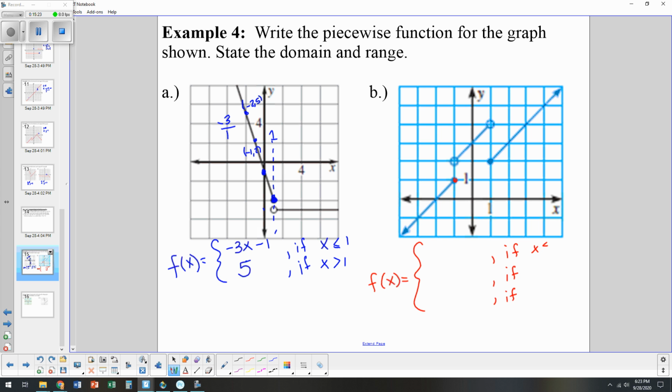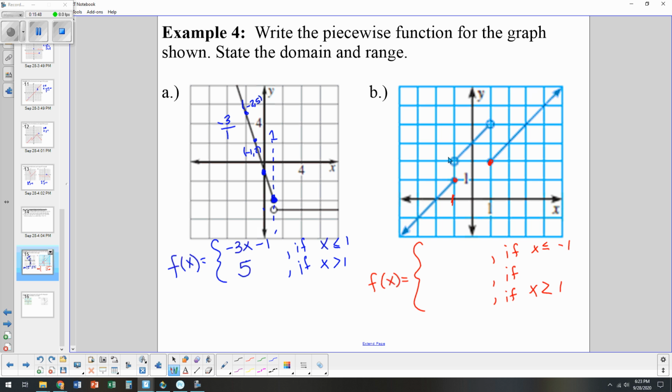The first one we should have is always less than. And the x value here is negative 1. I'm going to jump to the last one. The last one should always be greater than. Again, it's a solid dot, so it's going to have the or equal to, and the x value here is 1.